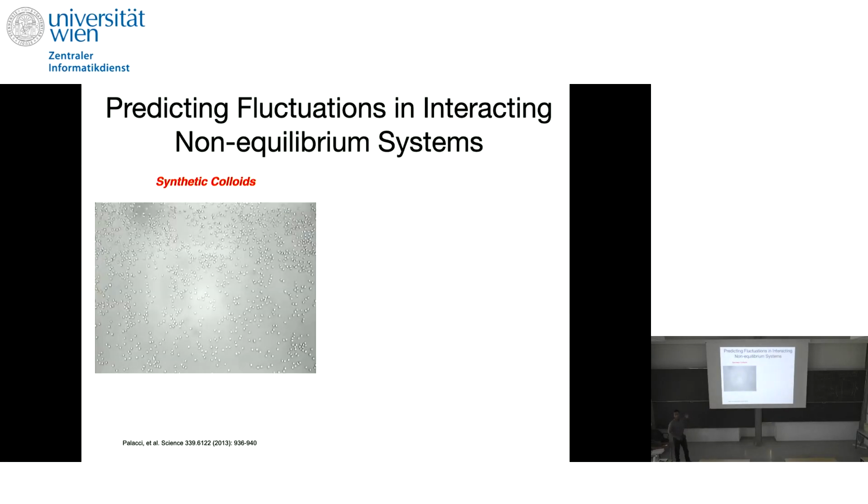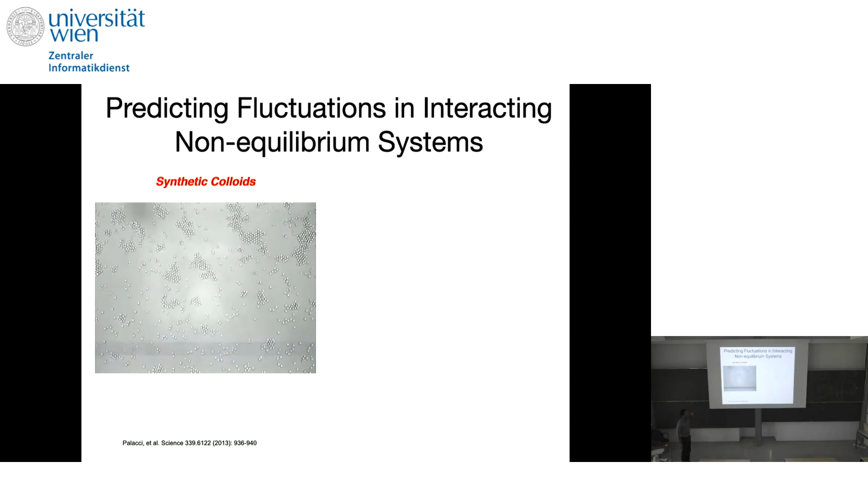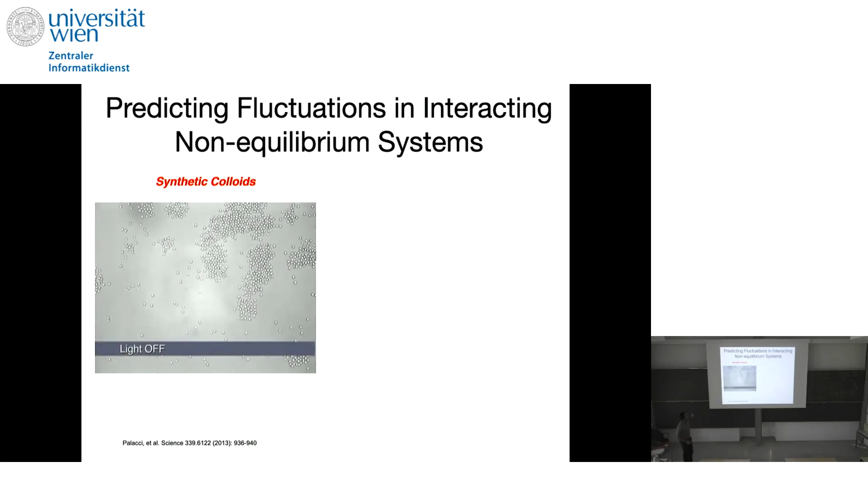So a model that's closer to home is these synthetic colloids, where if you turn blue light on, they become self-propelled because the blue light triggers a chemical reaction, and they start producing hydrogen peroxide and dioxide and making gradients, and then they become phoretic and active. If you turn the blue light off, then they become just equilibrium colloids.